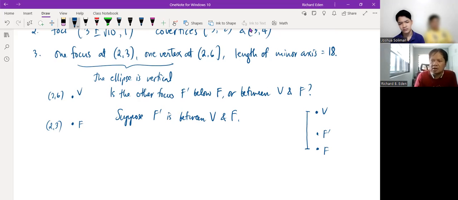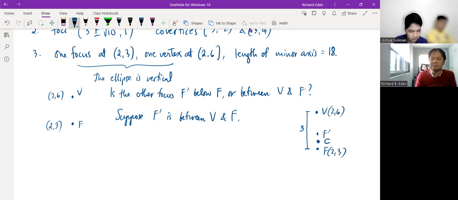You could argue like this. The center is between F prime and F. But from V to F, that's already a distance of 3 units because of the given coordinates (2, 6) and (2, 3). So note that VF is equal to 3.